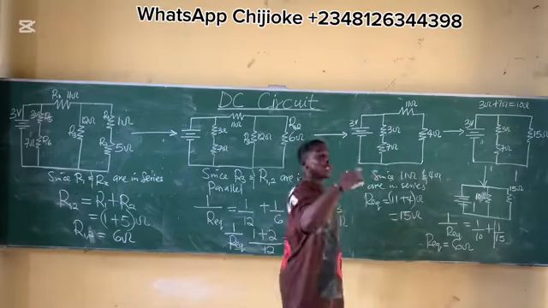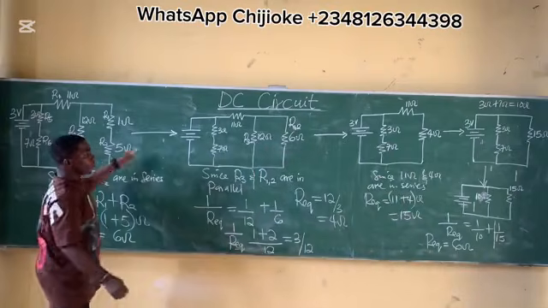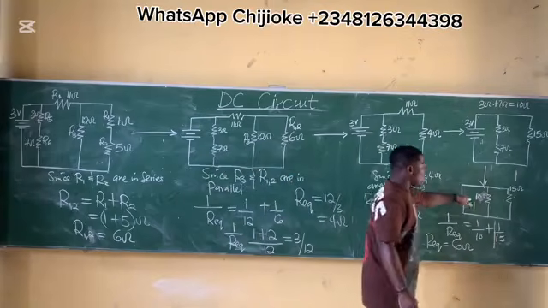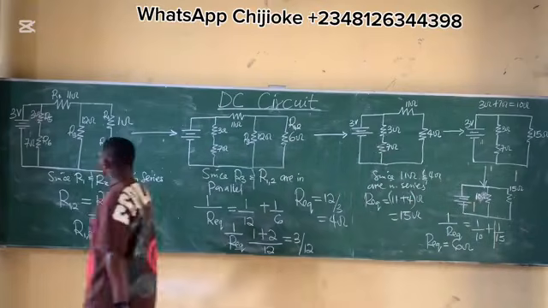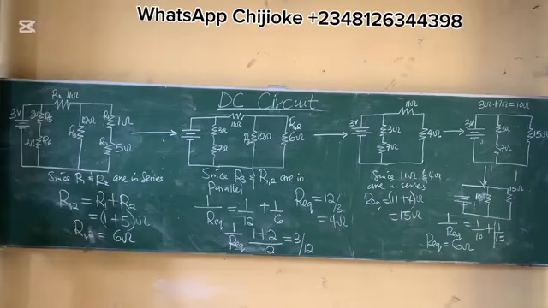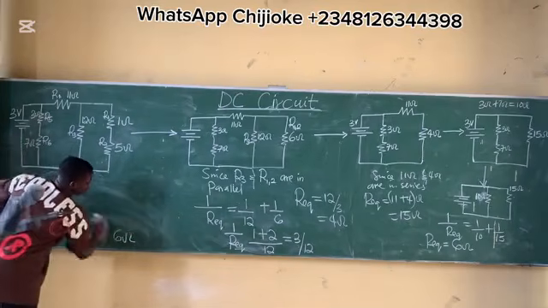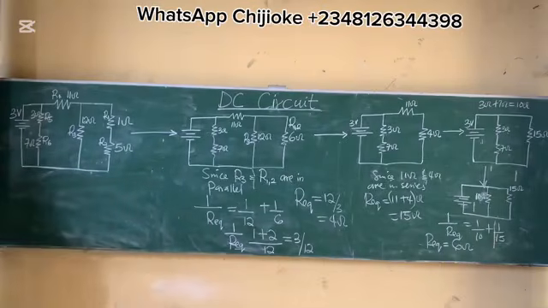You keep reducing the circuit till you get the final equivalent resistance. You see how we started from here to here to this to this to this, and we'll draw another one, the last one, to show the equivalent resistance. Is it 6?